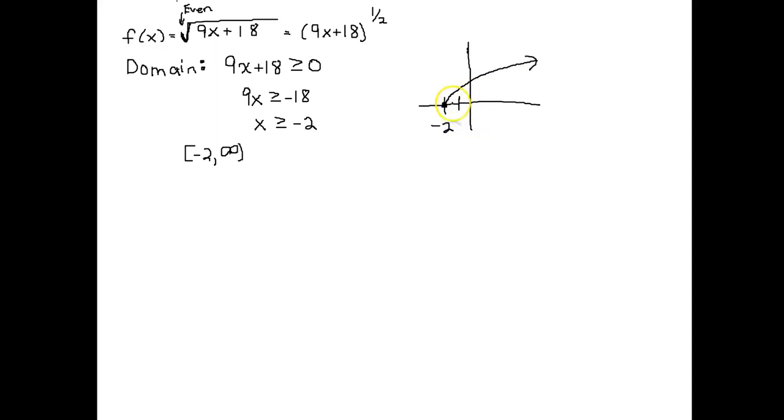So I've got 9x is greater than or equal to negative 18. x is greater than or equal to negative 2. So my domain in this case is from negative 2 to infinity. And if I go to graph this thing, the graph's going to start at negative 2 and take off. So the domain will be from the negative 2 here out to infinity out here.